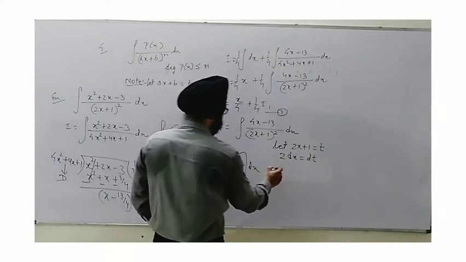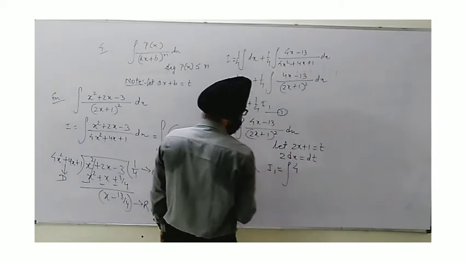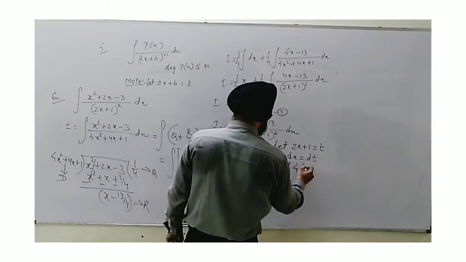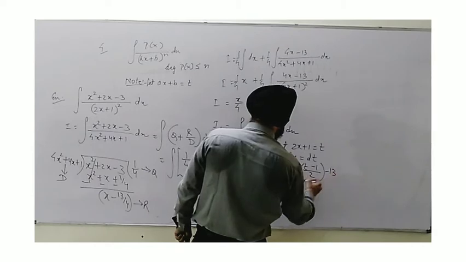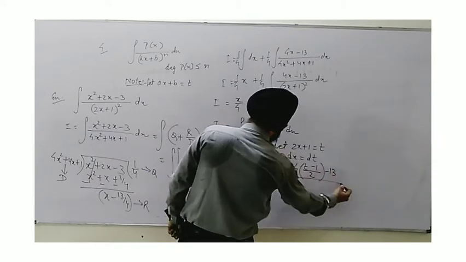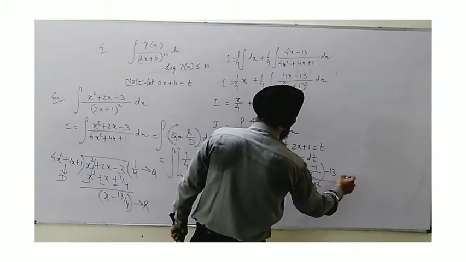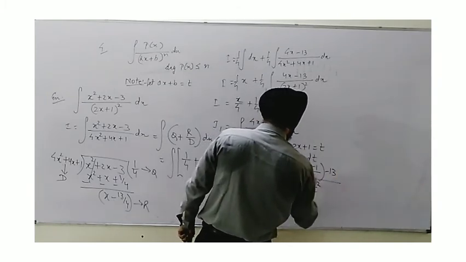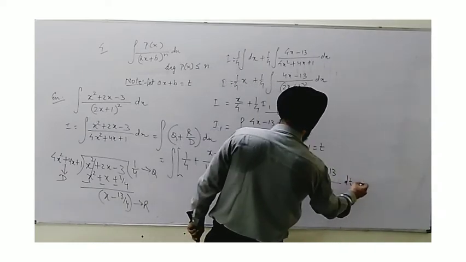Now substitution: I1 can be written as 4 times, in place of x, (t minus 1) upon 2, minus 13, and in the denominator 2x plus 1 substituted by t becomes t square, and from here we get half dt as the value of dx.